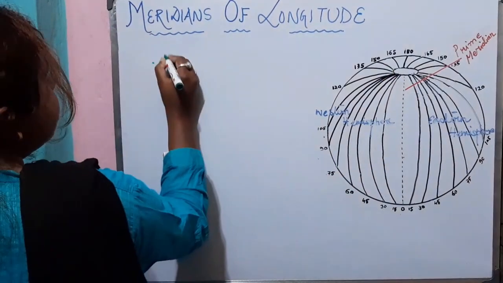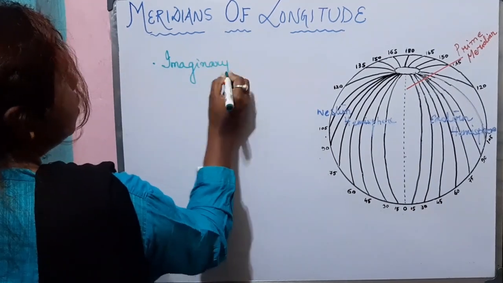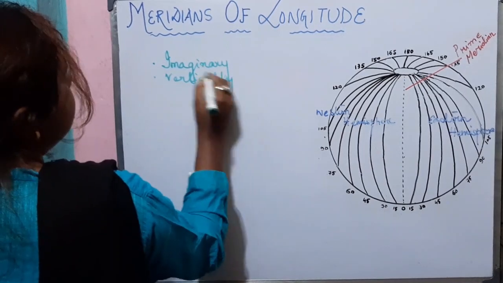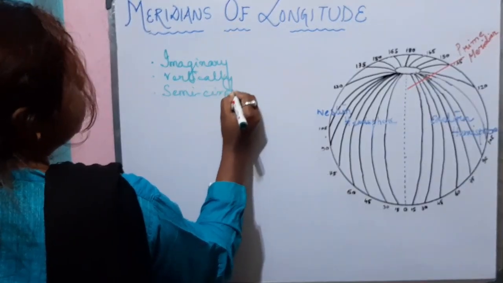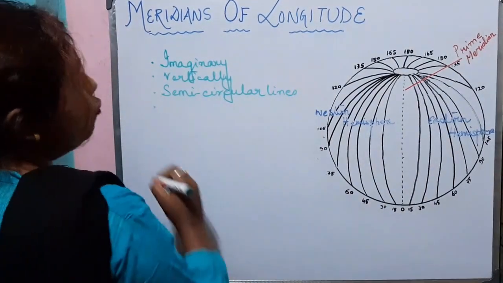So what we can see is that there are some other imaginary lines which are drawn vertically. They are semicircular lines. Now these lines are drawn from where to where?